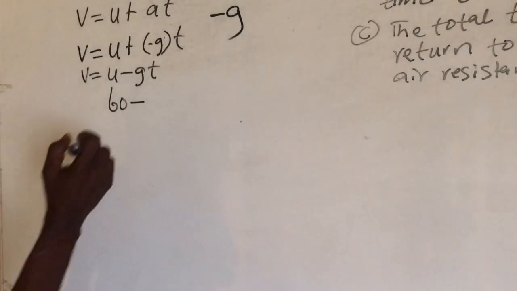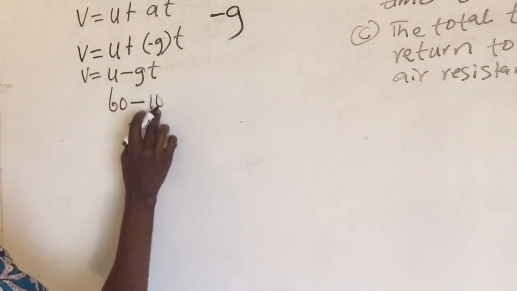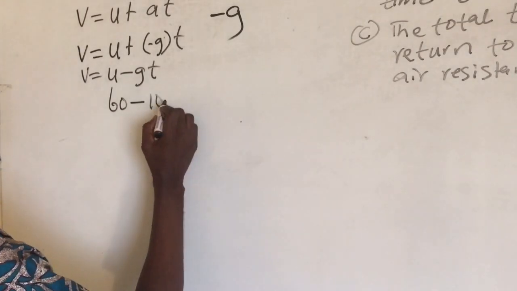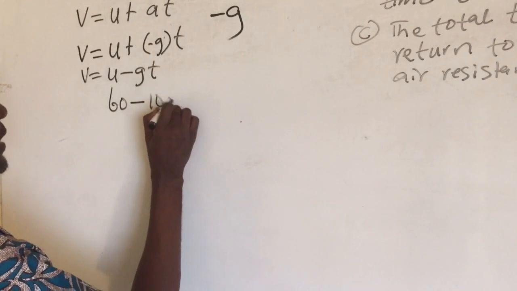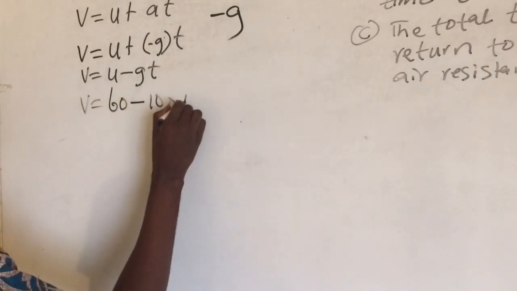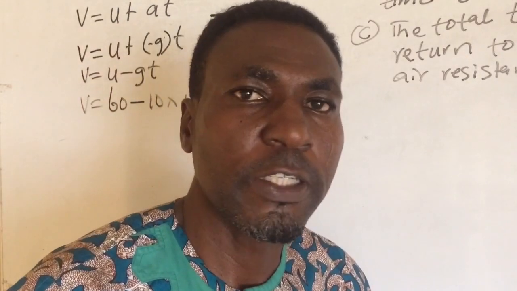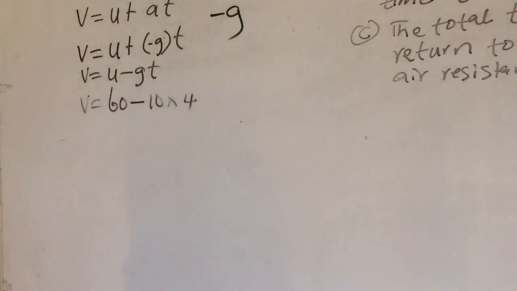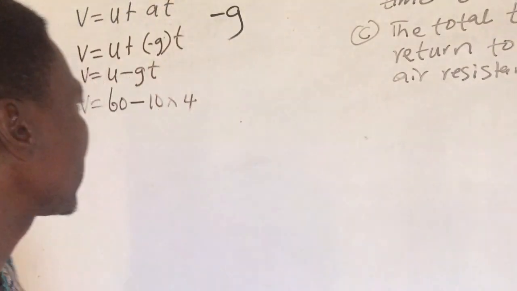So it will be minus 10. Minus is showing the opposite of acceleration due to gravity, then times the time. The time is said to be after 4 seconds, so our T is 4. We are calculating the velocity after 4 seconds.